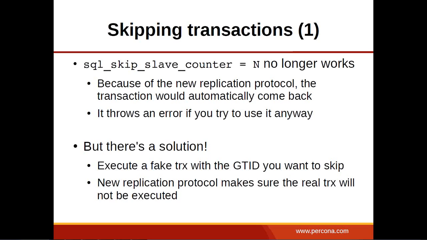If you were able to skip a transaction, then because the replication protocol makes sure that every missing transaction is sent from the master, it would be sent anyway. So there's no way to safely skip a transaction by using SQL_SLAVE_SKIP_COUNTER. That's why if you try to use it, you'll get an error.